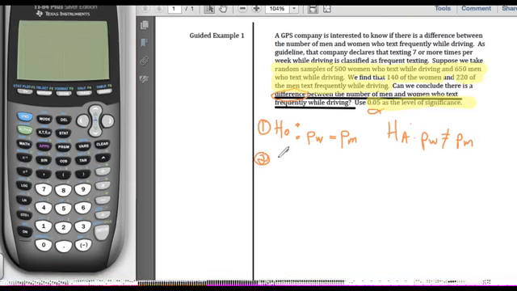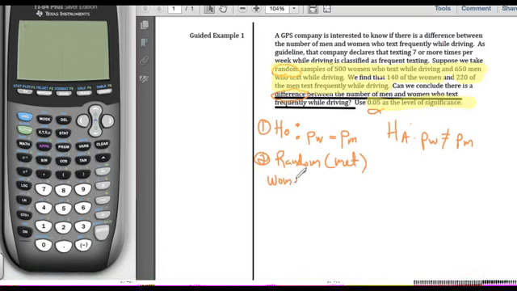For my second step, I need to check the central limit theorem for the components that we care about at least. I can say that I do have random samples. It says right here that we're random. For my women, my success number is 140. 140 of the women said, yes, I text frequently while I drive.